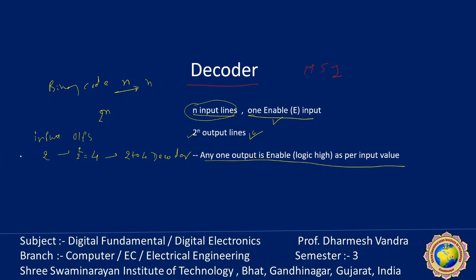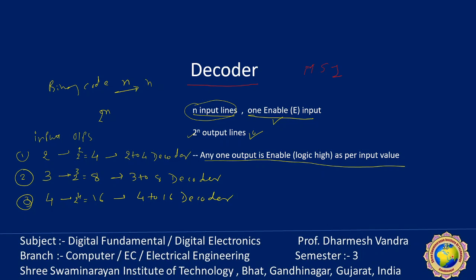Second, suppose my decoder has 3 input lines, so 2 raised to 3 equals 8 output lines, and it is called a 3 to 8 decoder. Similarly, suppose my input lines are 4 in one IC, then as per the definition the output is 2 raised to 4, 16. So it is called a 4 to 16 decoder.